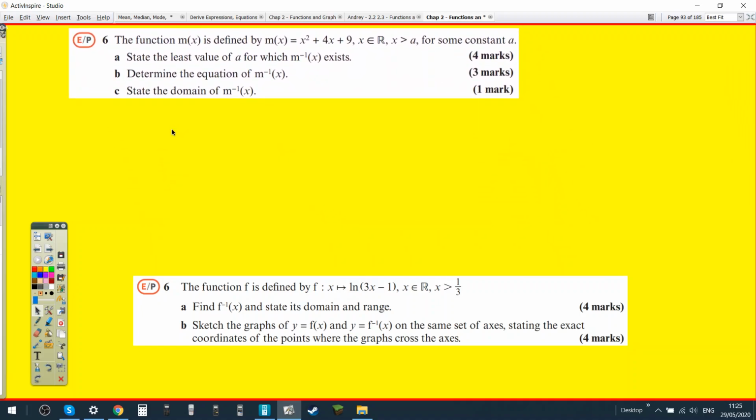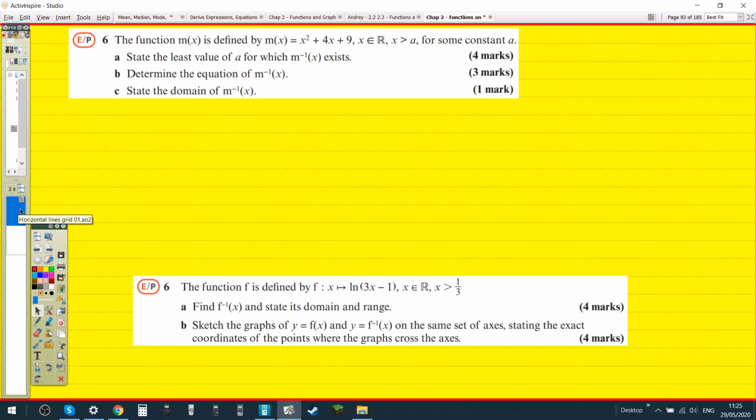Let's see. State the least value for which. Okay. Any idea how we do question A? Would I need to get the inverse function first? Yeah. And so that would be.